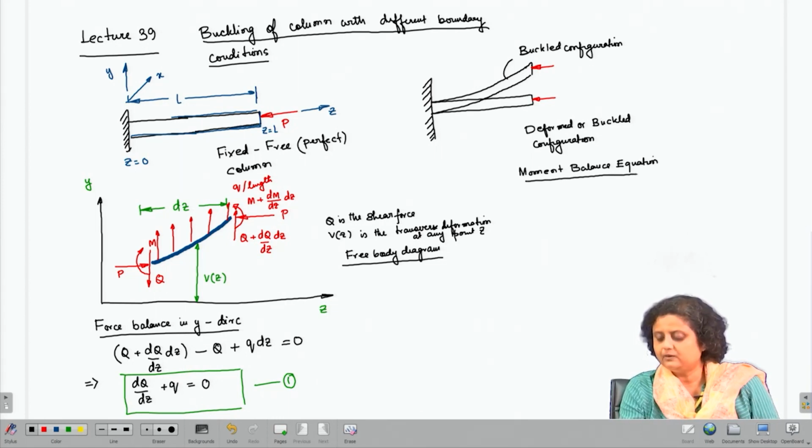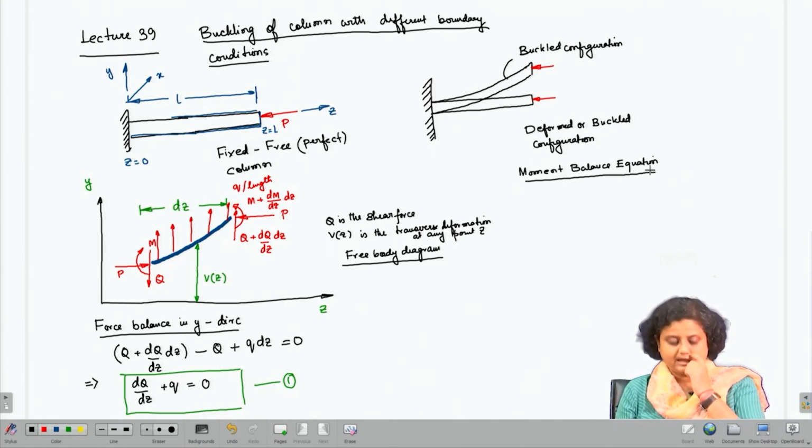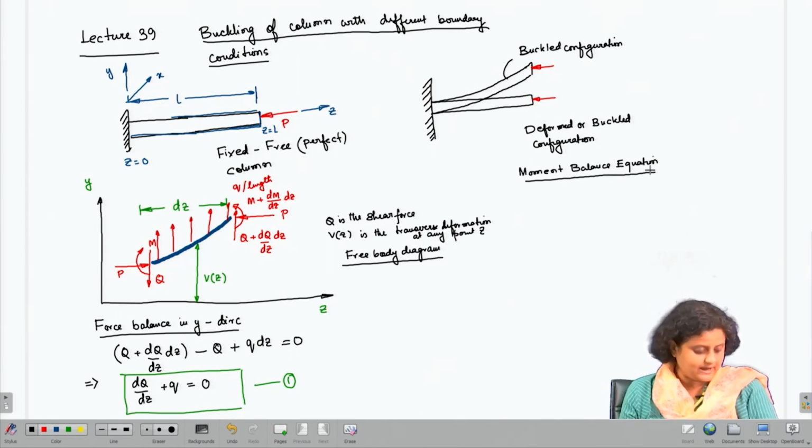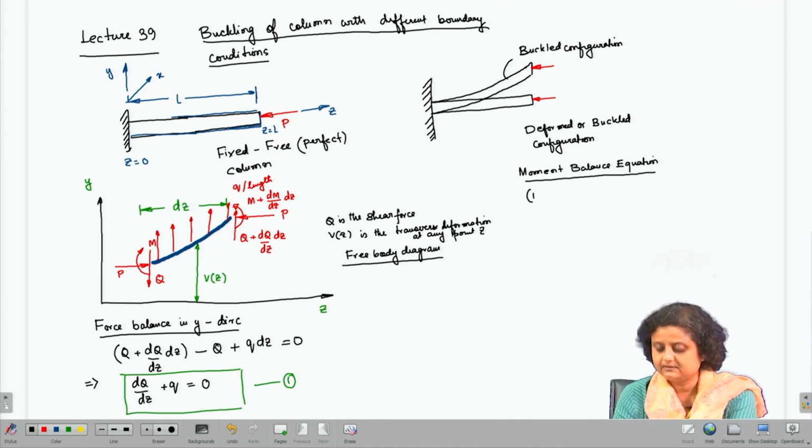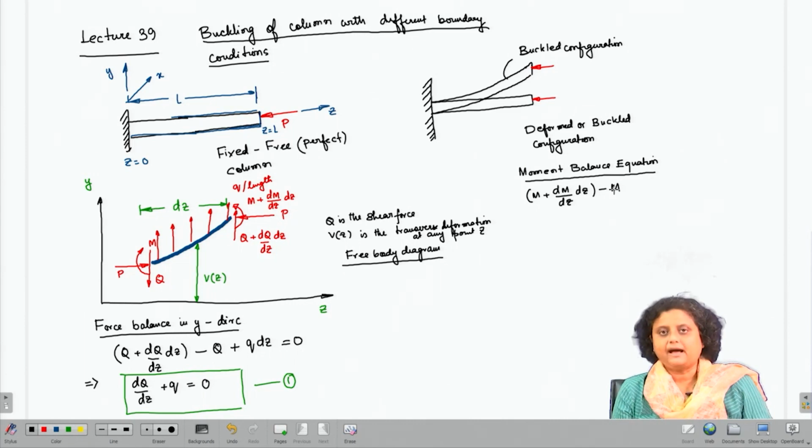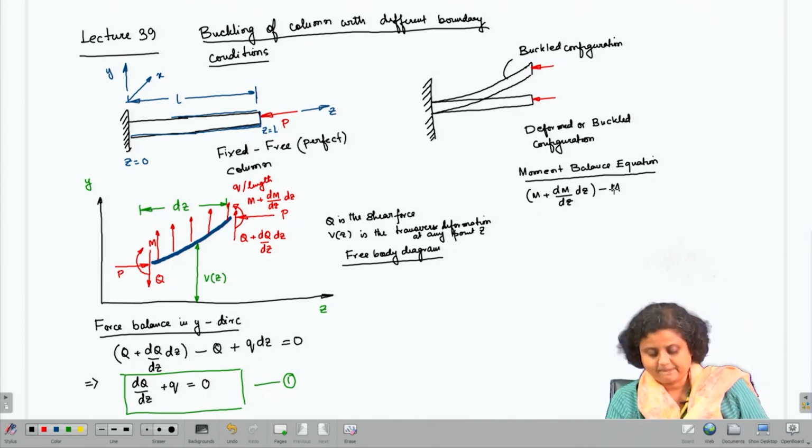If we write down the moment balance equation, then we are going to have M plus dM by dz into dz minus M, that is the moment, plus Q plus dQ by dz into dz into dz.